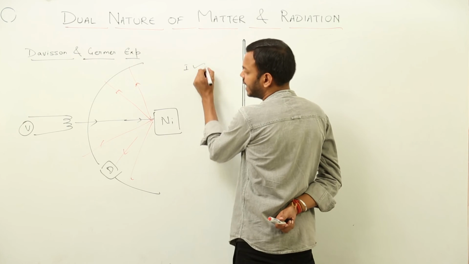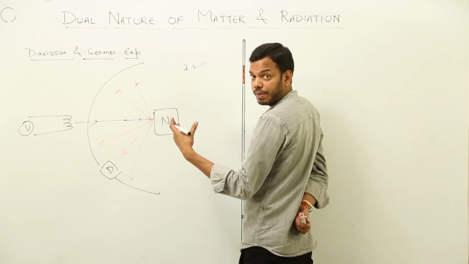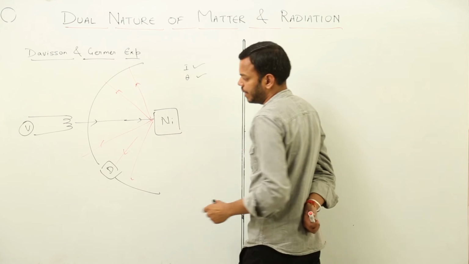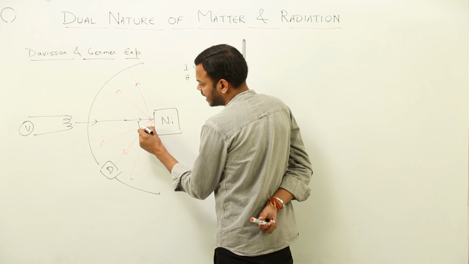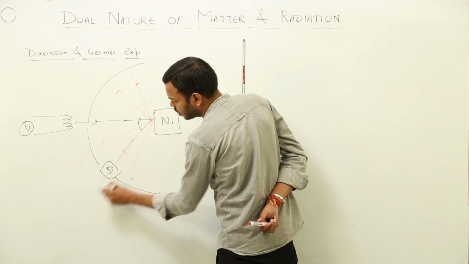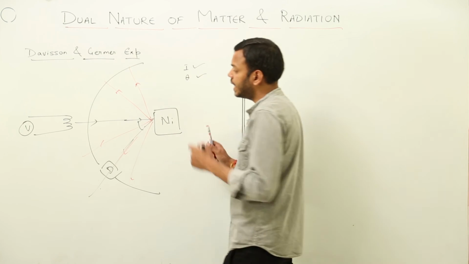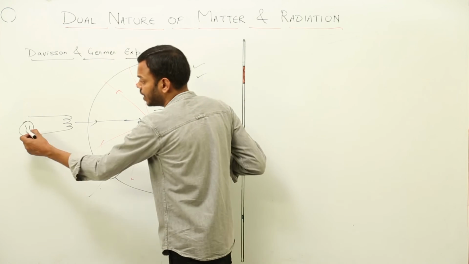Number one, the intensity of the incoming electron rays, and number two, the angle at which they are coming. For instance, at this angle it was noting down some intensity of the incoming electrons, but this experiment started at some particular value of voltage.